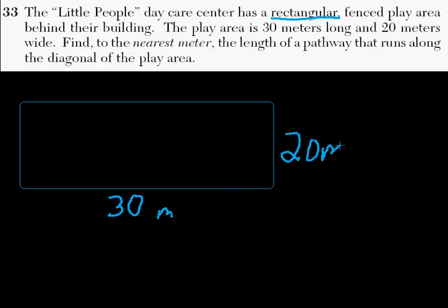So we'll just call that 20 meters because it's shorter. And they want to find to the nearest meter, so we're going to do some rounding here, the length of a pathway that runs along the diagonal. Okay, so diagonal is from one side to the other side. So basically that is what we're looking for.